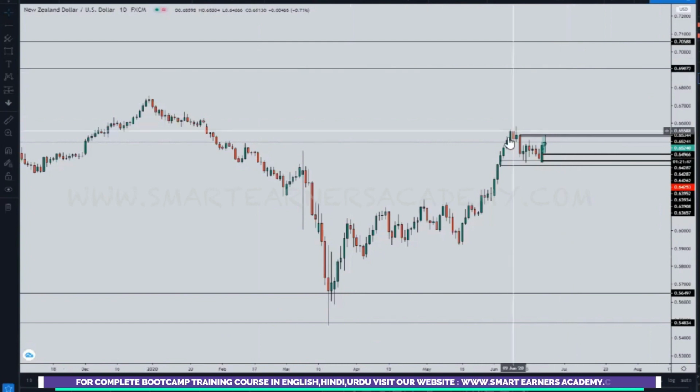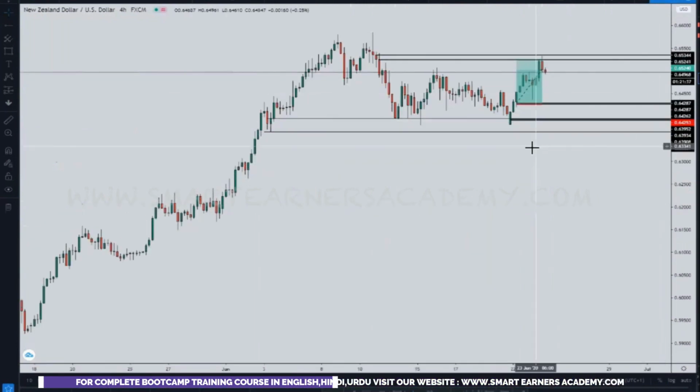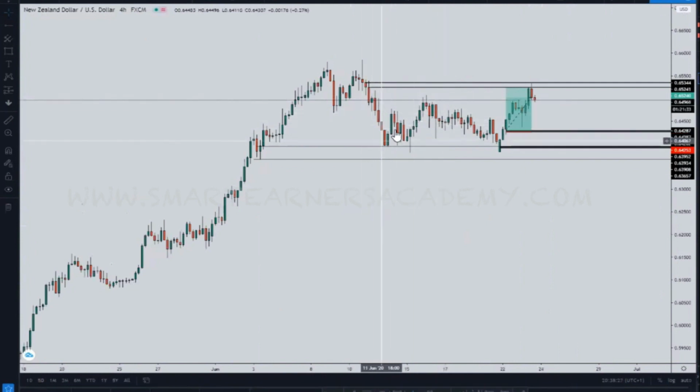So now I know that all I'm looking for is buys. Seeing that, I then go into the smaller time frame. I start off from the 4 hour and I see price reacting off a demand zone. This is all demand. So I know that there's a demand area that I have to look at.